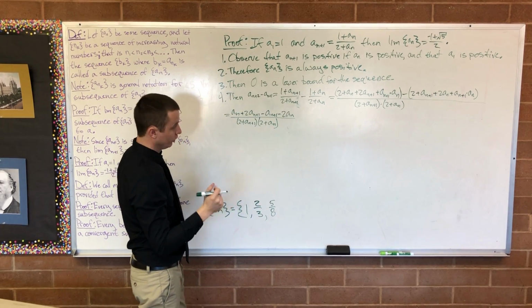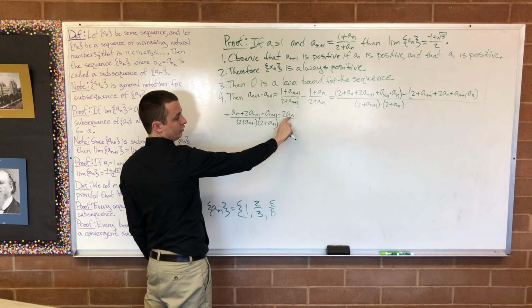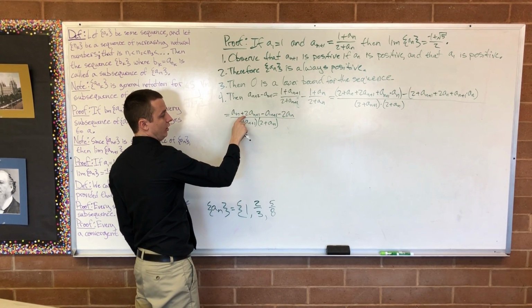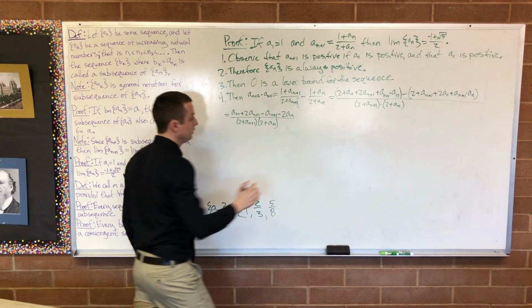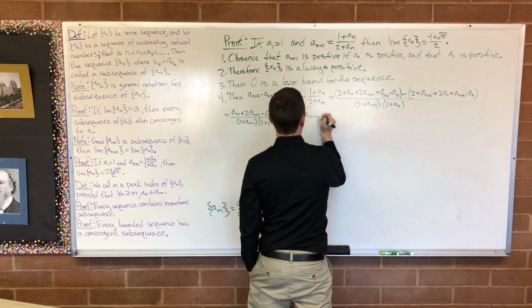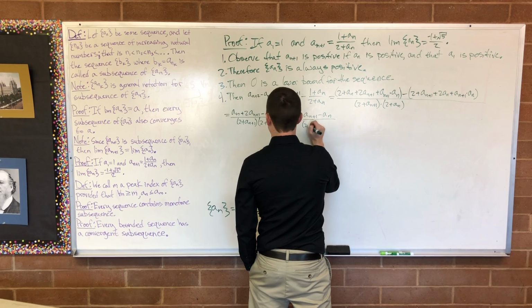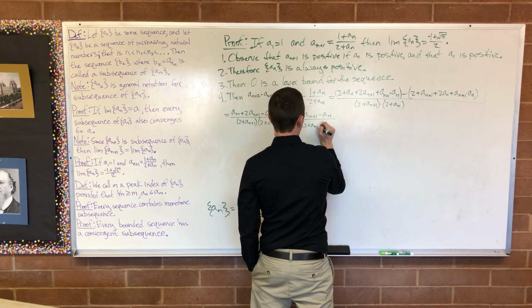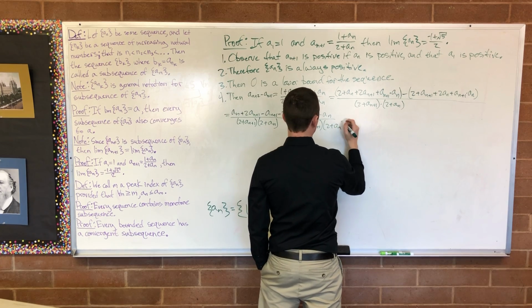Okay, we can still combine like terms. I have a positive a sub n here and minus 2 a sub n here, and then a positive 2 a sub n plus 1 here and a negative a sub n plus 1 there. So putting those all together, this is equal to a sub n plus 1 minus a sub n all over 2 plus a sub n plus 1 times 2 plus a sub n.